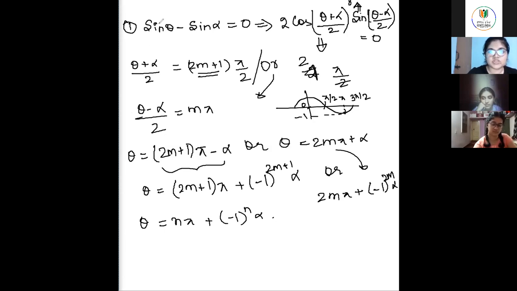Okay, so the general thing to remember here is, I'm just clearing all this. If sine theta is equal to 0, then what should be the general solution for theta? Implementing the ones that I have given to you, if sine theta is equal to 0, okay?